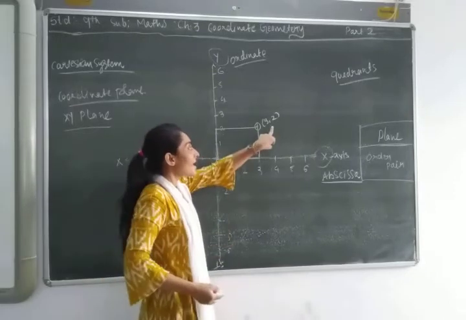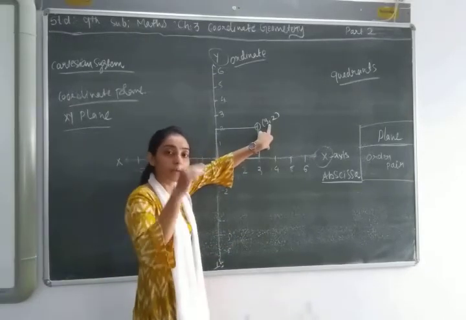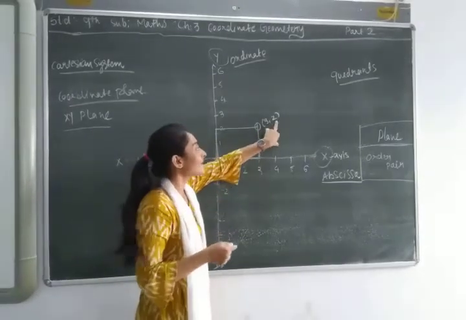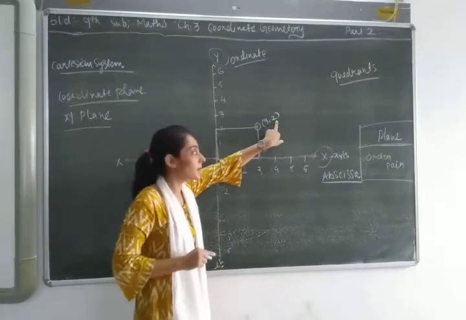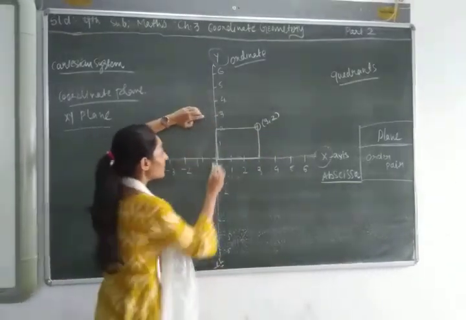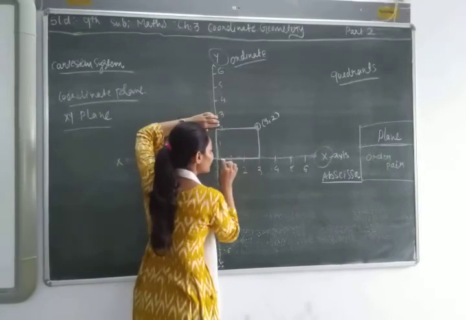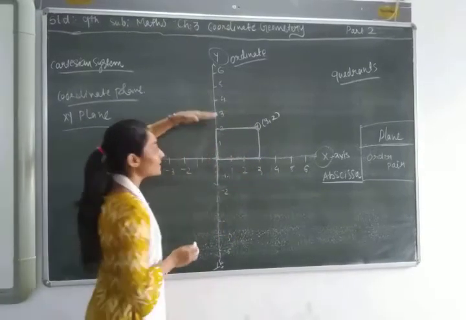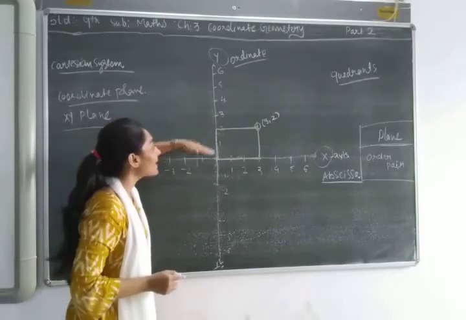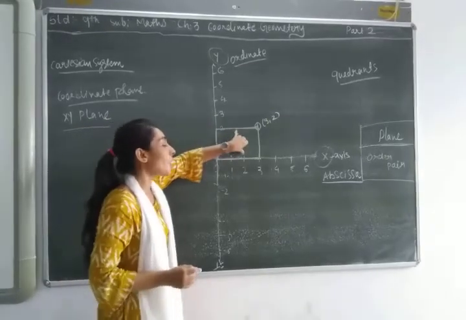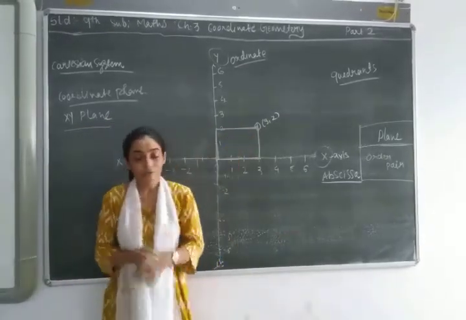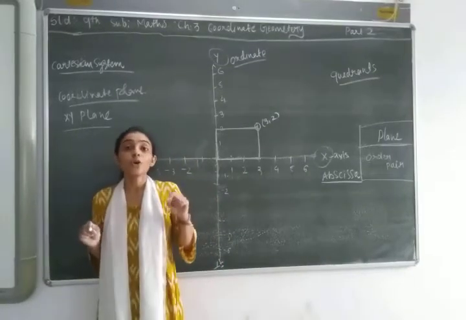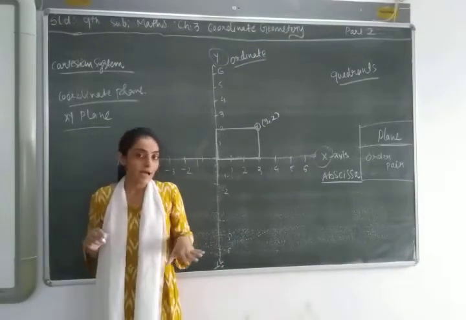Okay, see, the x-axis point represents the y-one and the y-axis point represents the x-one. It means this 2, look over here. This 2 and this x-axis both are parallel. It means this 2 represents how far this point is from the x-axis.